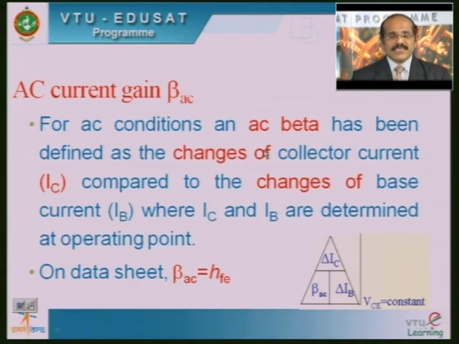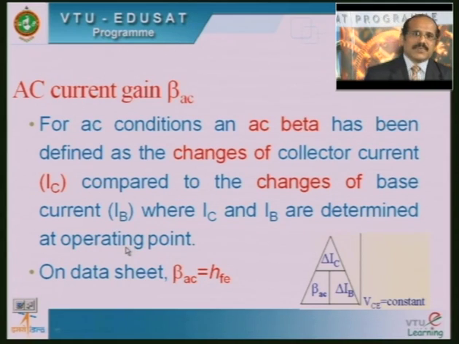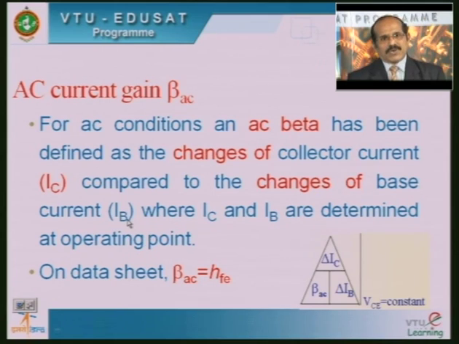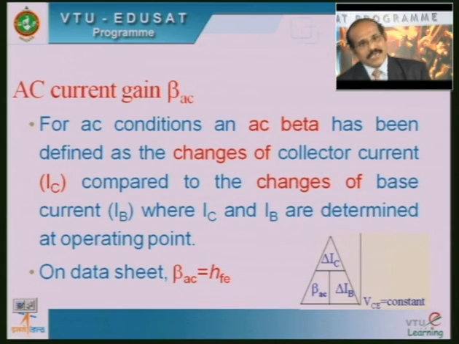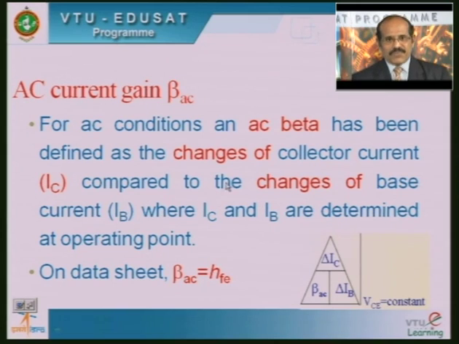Therefore, beta AC is defined as the ratio of the change in the collector current to the change in the base current, where IC and IB are determined at an operating point. Please note that on the data sheet, beta AC, the common emitter AC current gain, is mentioned as hfe with small letters fe, whereas beta DC is mentioned as hFE with capital letters FE.